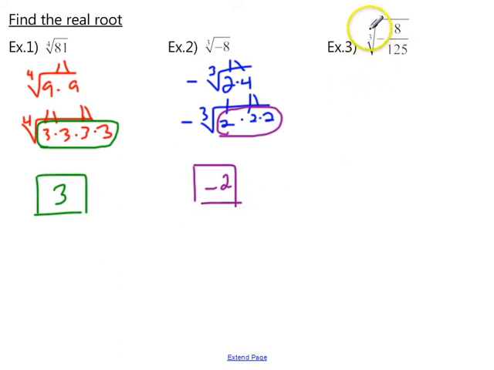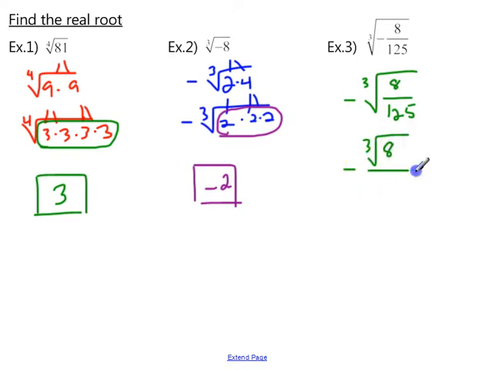So in example 3, we have an odd index, and we have a negative number under the radical. So again, let's go ahead and pull that out. We have the cube root of 8 over 125. Now remember, when you have fractions underneath the radical, you can actually separate those. So we can put the 8 underneath the cube root, and we can put the 125 underneath the cube root, and we can treat those separately.